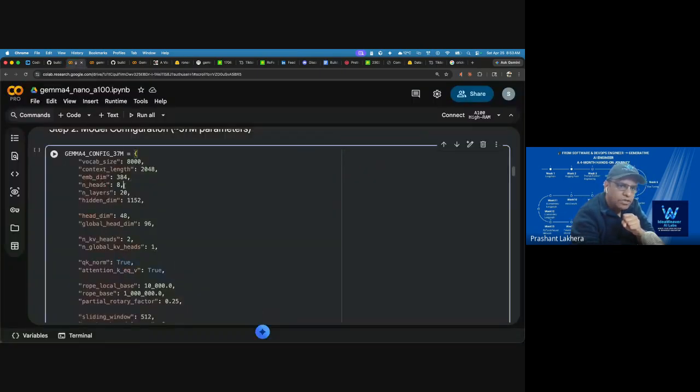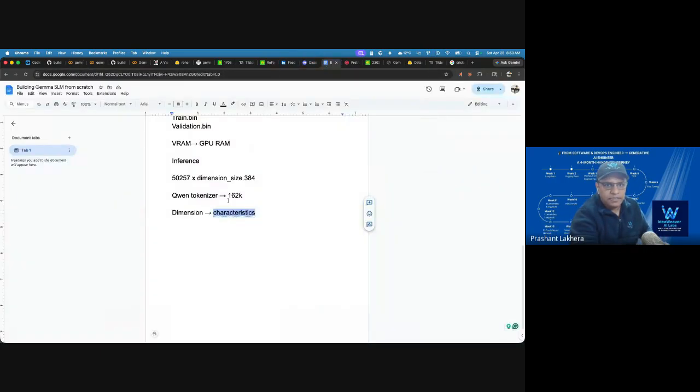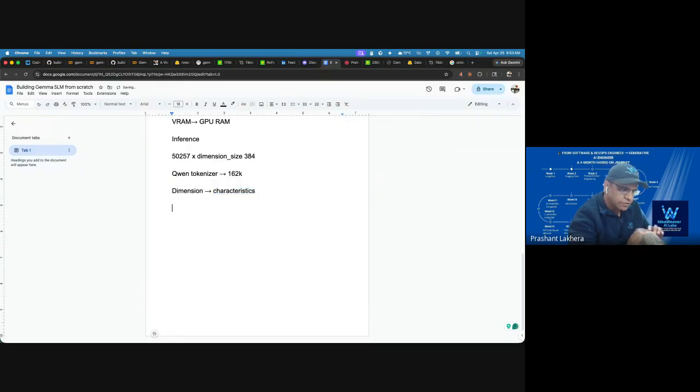The next thing is called number of heads. This is one of the functionalities provided by something called multi-head attention. Let me take a simple example, and I always use this example: the bank. We are going to look at this in depth when we see the GQA step.